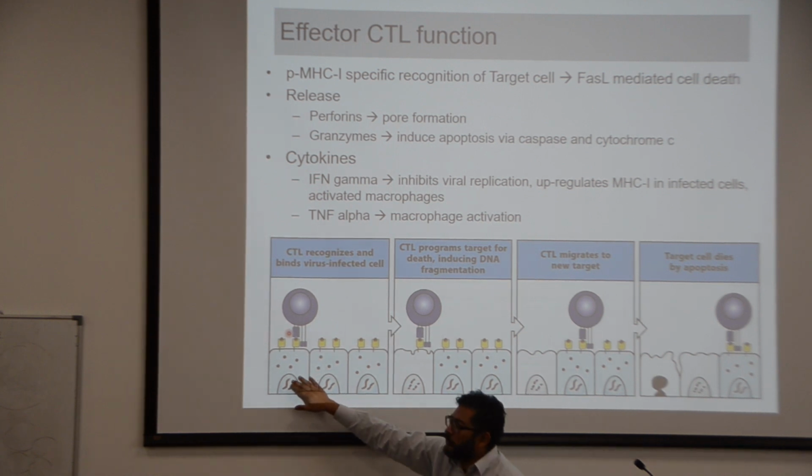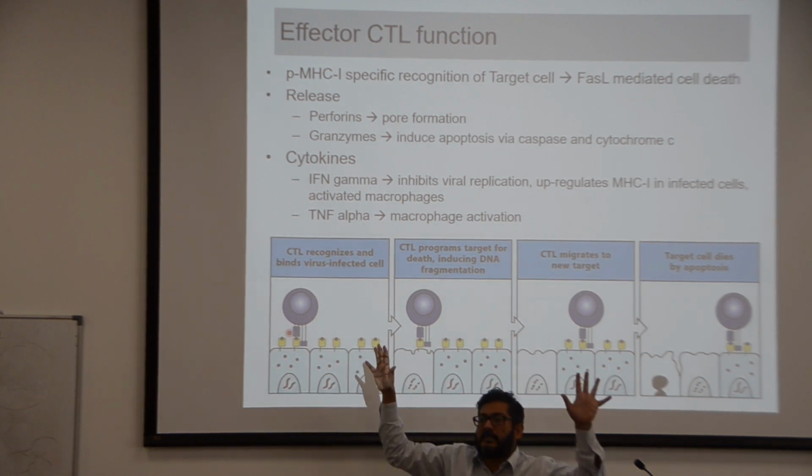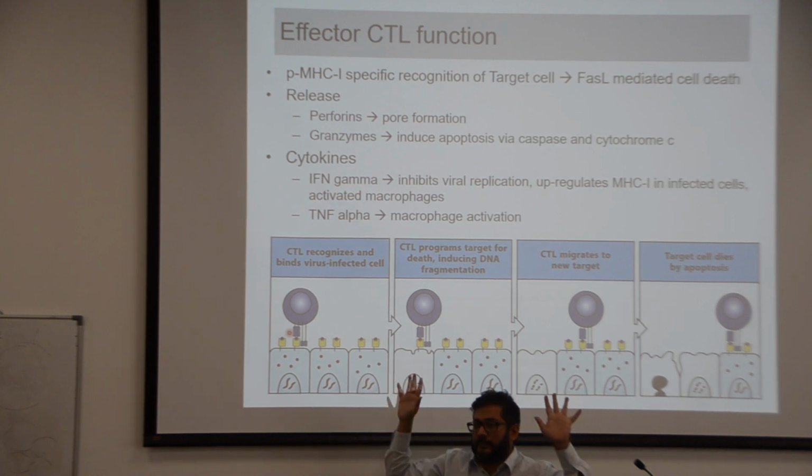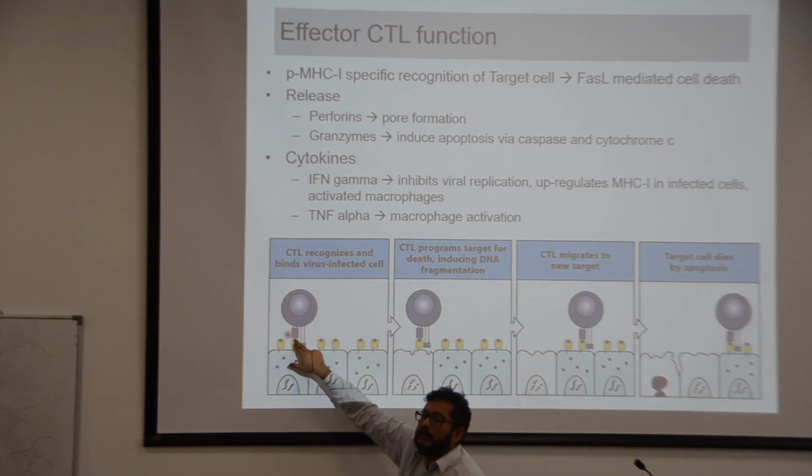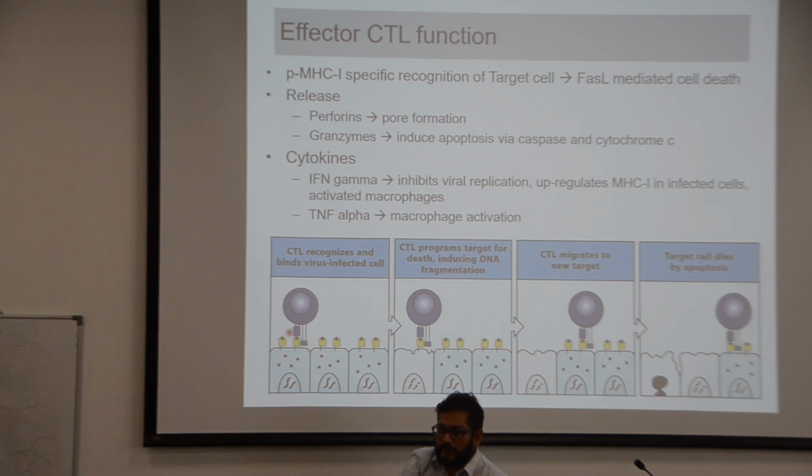So all your cell types on the surface express FAS. It is a death receptor. Normally it doesn't get engaged. So when the cytotoxic T cell comes, engages the peptide MHC, identifies the target cell, it also engages the ligand for the receptor on the target cell, inducing caspases and apoptosis.